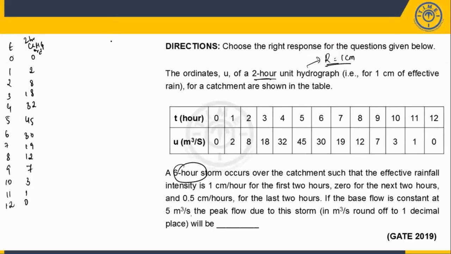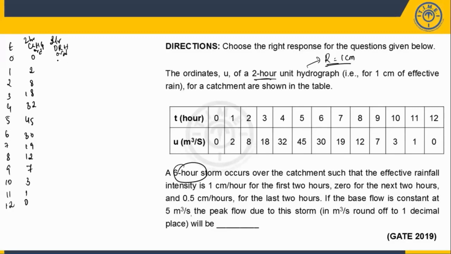Or else we will do one thing. First, from the unit hydrograph, we will calculate 2-hour DRH ordinates. Direct runoff hydrograph also starts from 0, ends with 0.